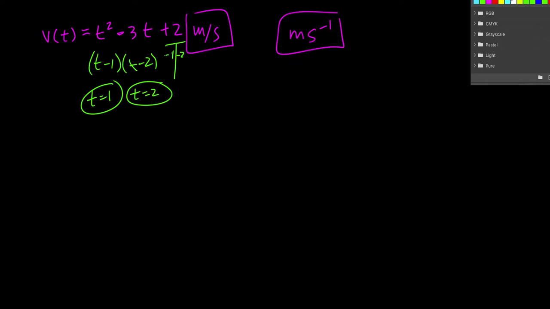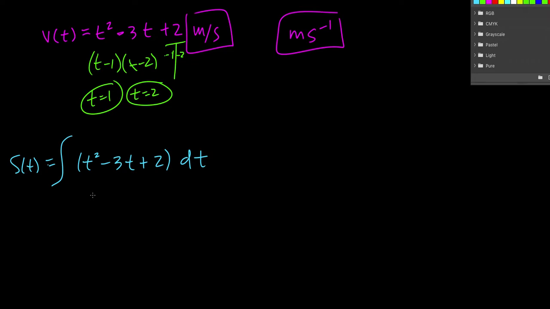Now part B says, hence find the distance P travels in the first 4 seconds of motion. What we're going to do now is look at the antiderivative of this, because that's going to give us our position function, or our displacement function.